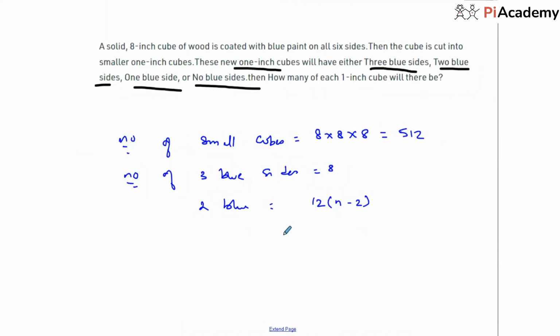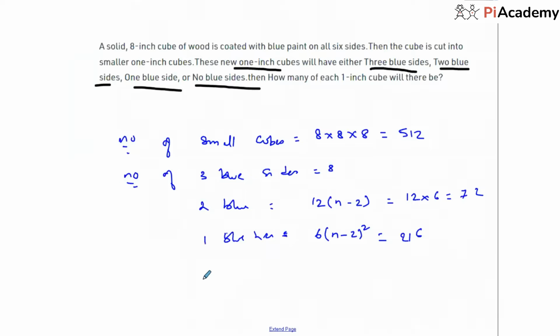That is 12 times 6, 72. Number of 1 blue side painted, 216. 6 times n minus 2 whole square, right? This is the formula, right? Am I correct, guys? Yes, sir. So 6 times 8 minus 2 is 6 square, 36, 36 times 6 is 216, right?